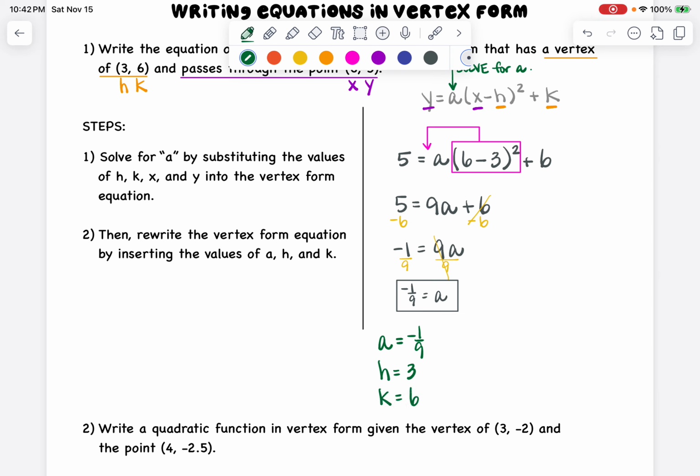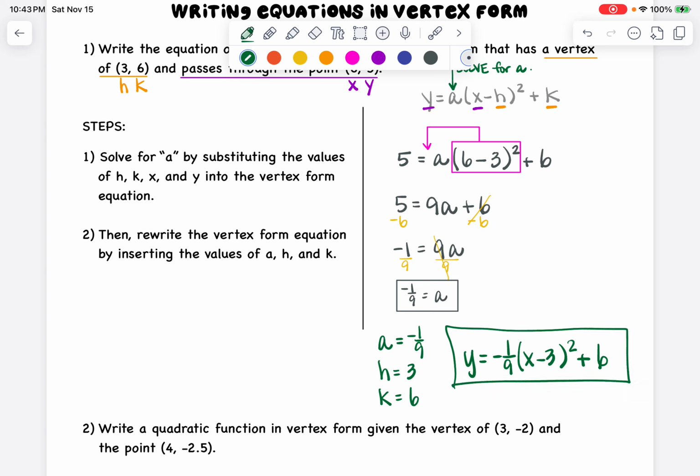I do not need the x and the y anymore, because the x and y in the actual vertex form have to represent all the infinite x's and y's that exist on the parabola. So when I write my vertex form, it's going to be y equals, then I'm going to write my a, and then in parentheses, x minus h squared plus k. And that is the equation of our quadratic.